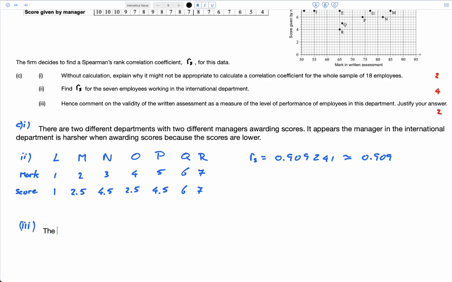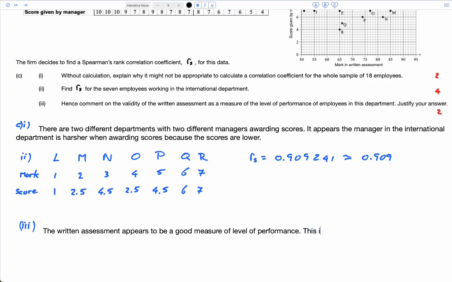The written assessment is or appears to be a good measure of level of performance. So that's your first mark, and then it says justify your answer. So why is it a good measure?